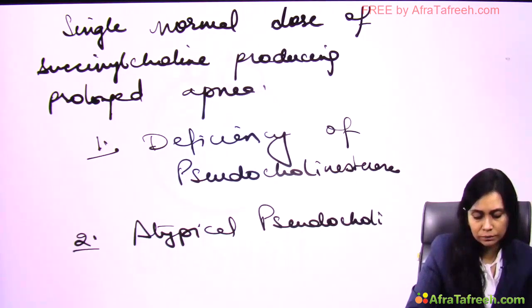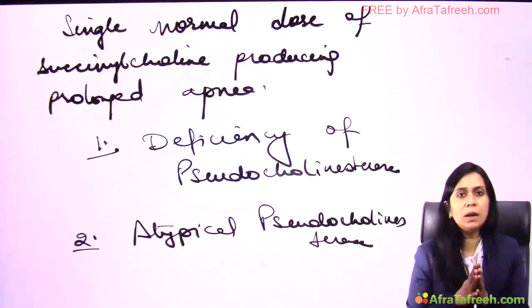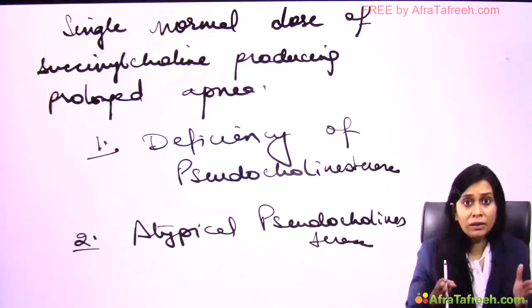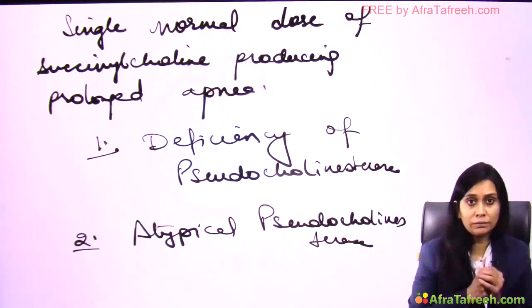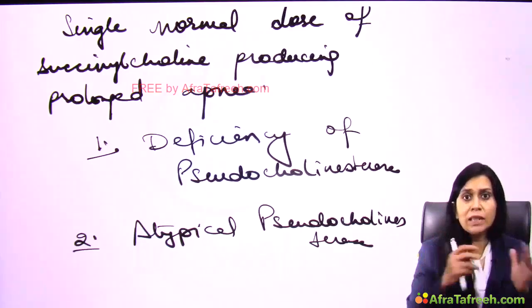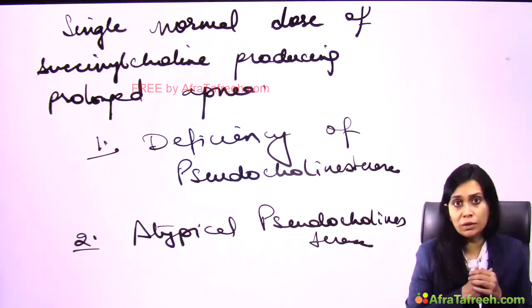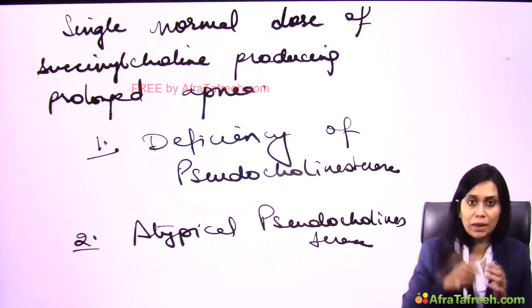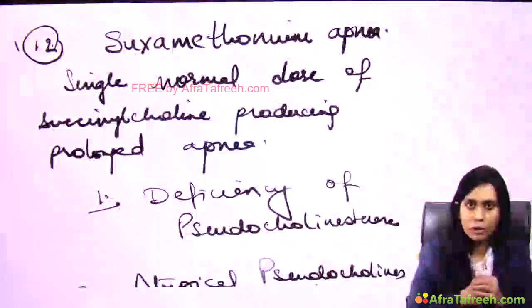Either the pseudocholinesterase molecule is not there, or if it is there, it is faulty. Whatever is the case, succinylcholine escapes metabolism and more reaches the neuromuscular junction. I get a prolonged apnea. This is called succinylcholine apnea.